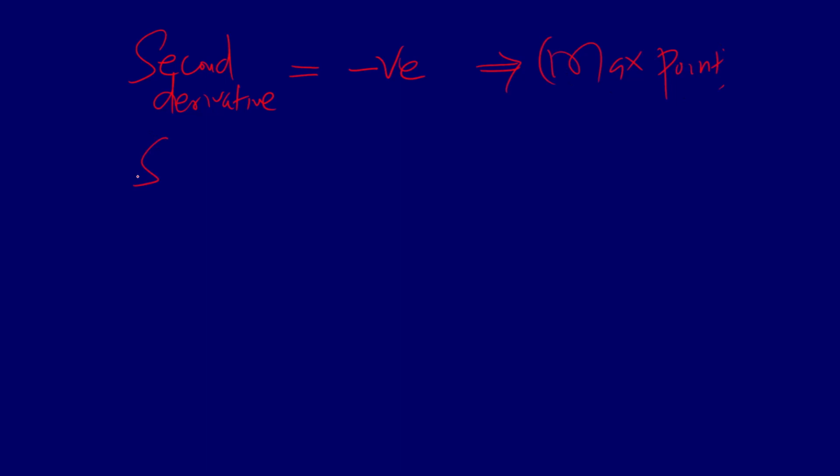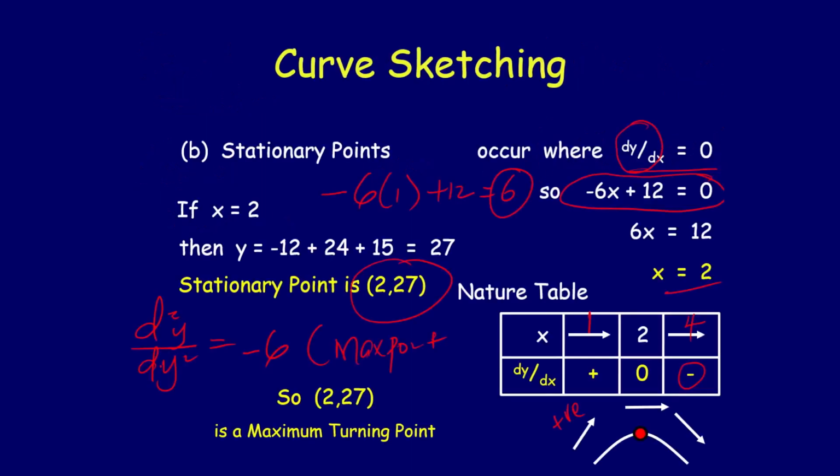If the second derivative is positive, then it becomes a minimum point. So this one is just another way. And we have already established, without even having the 3 points, that when you get the second derivative of negative 6x plus 12, you get it to be negative. That is the maximum point.